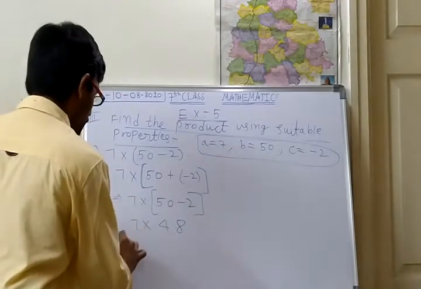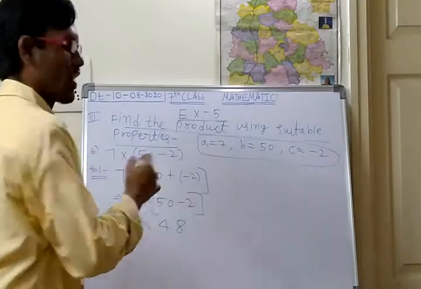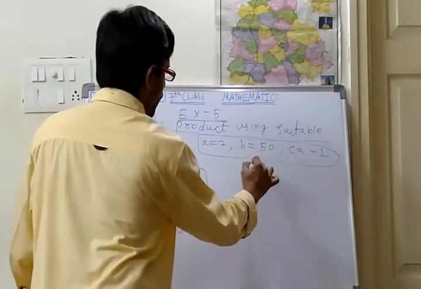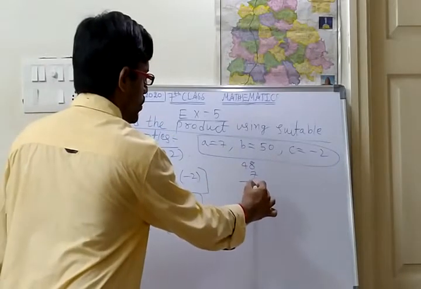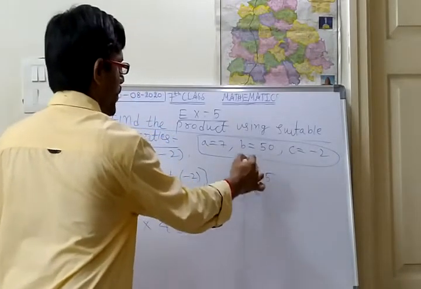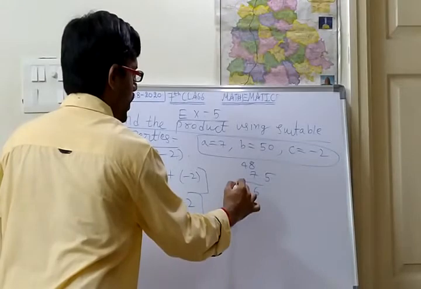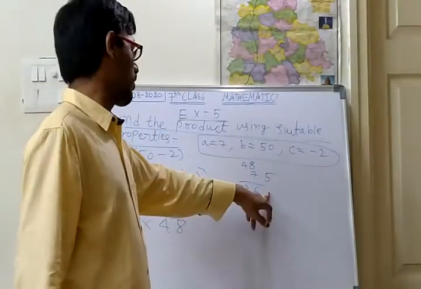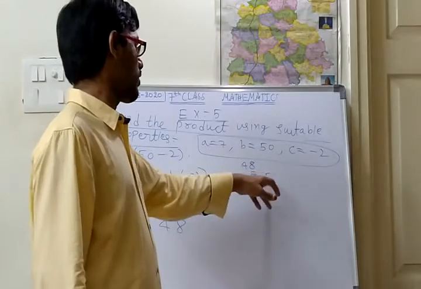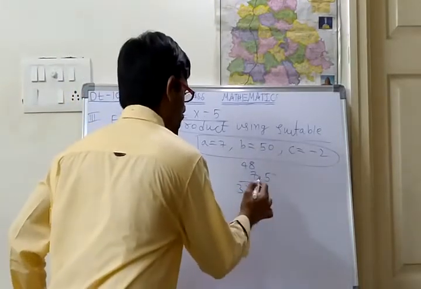So what is 48 into 7? You have to do the calculation. 48 into 7: 7 8s 56, so 6 carry 5. 7 4s 28, 28 plus 5 is 33.